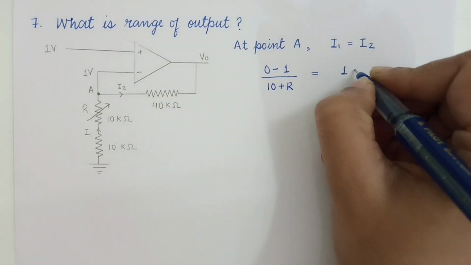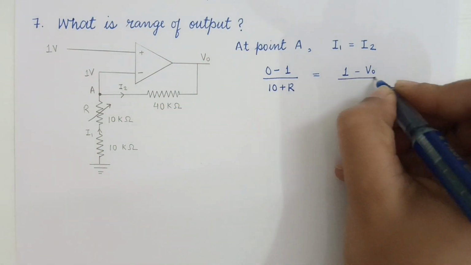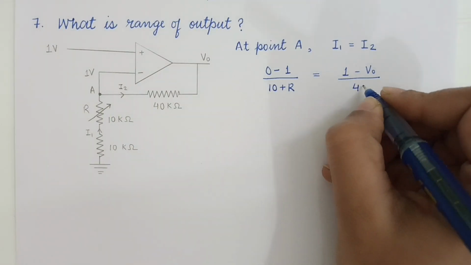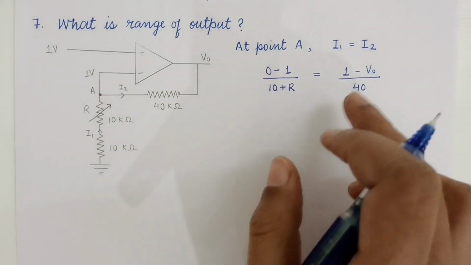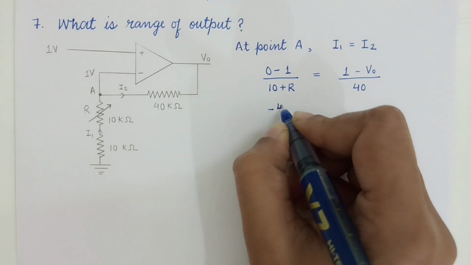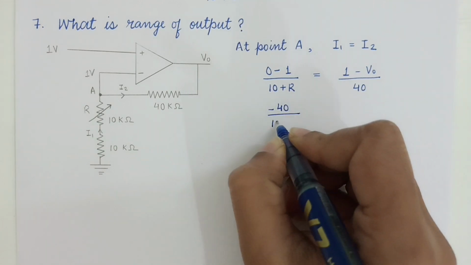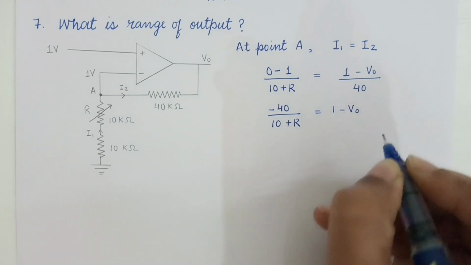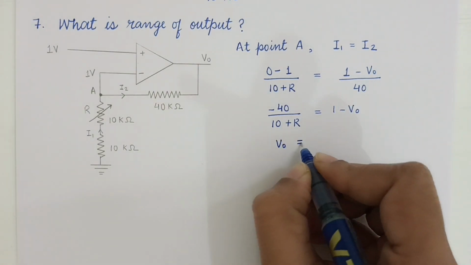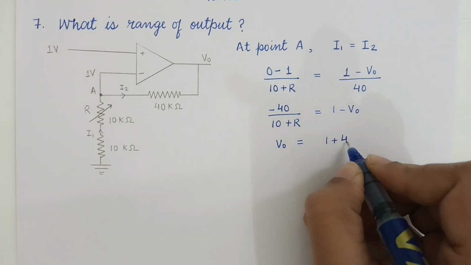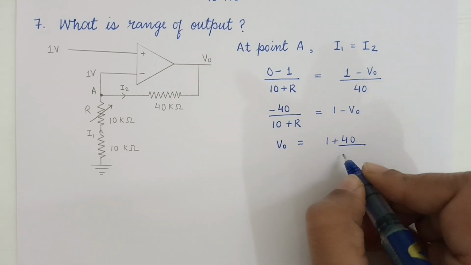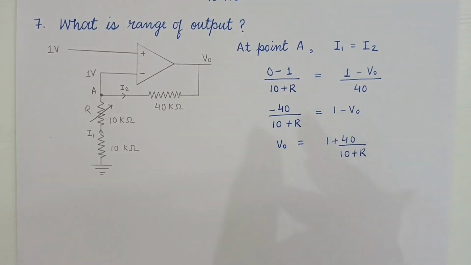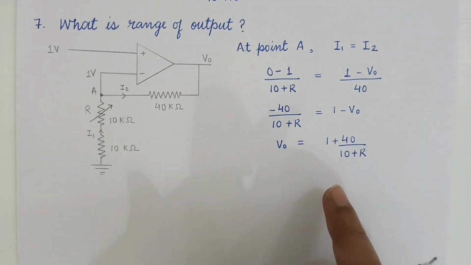So 1 minus V naught divided by the resistance here, 40 kilo ohm, so 40. So let's solve it. So it's minus 40 divided by 10 plus R is equal to 1 minus V naught. Taking V naught this side, then 1 plus 40 divided by 10 plus R. So let's solve this. So here we get the output voltage.